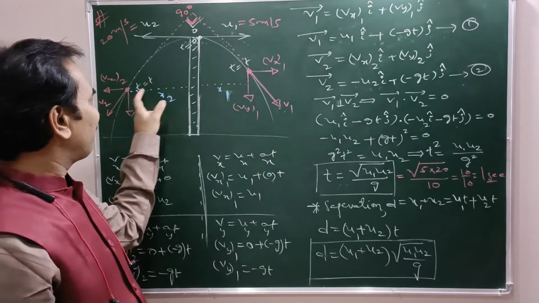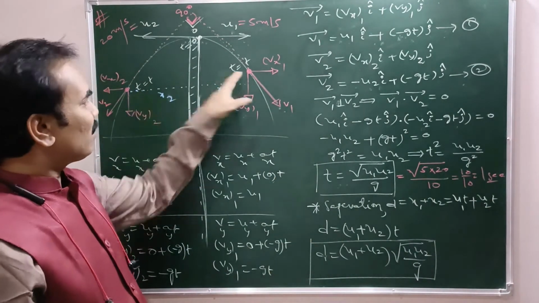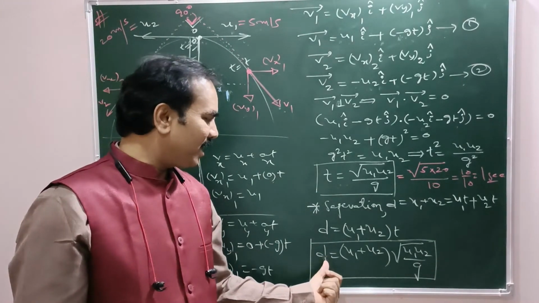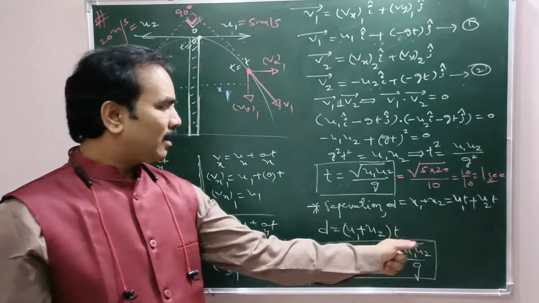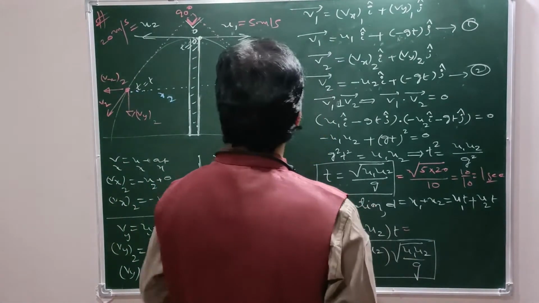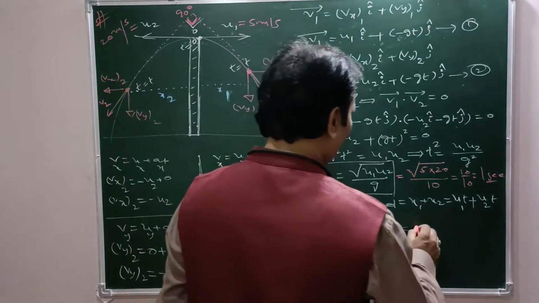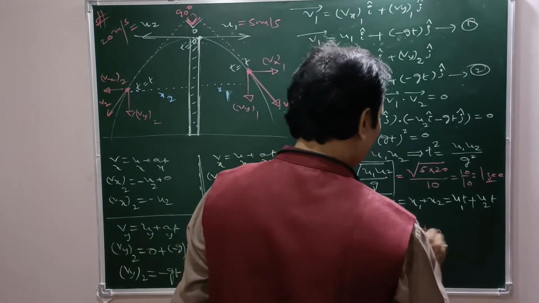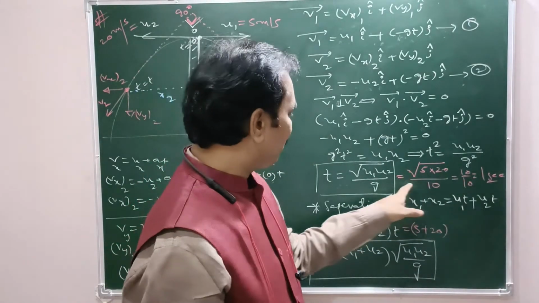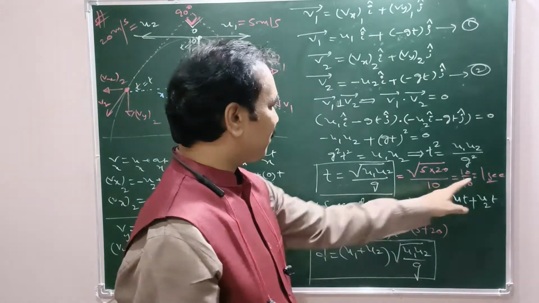Now what is the separation between these two? In 1 second, when they move perpendicular to each other, D equal to (u1 plus u2) into time. So u1 plus u2, 5 plus 20, into time, which is root u1 u2 by g, already found as 1 second.